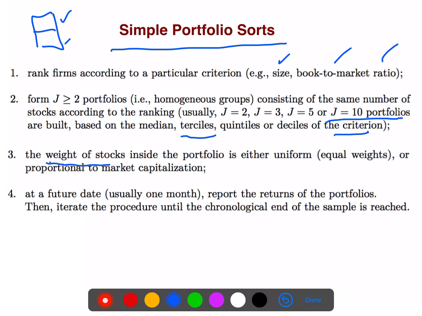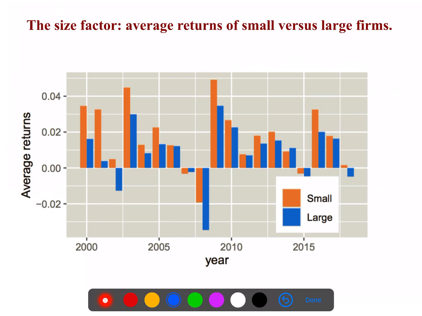Then we use the weights of stocks inside the portfolio, and finally you report the return of the portfolio. This is the example of a size factor, the average returns of small versus large firms.